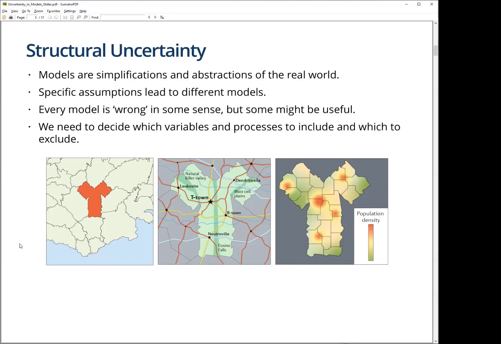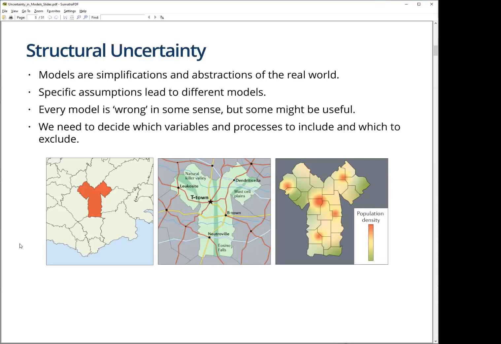If you want to know where this country is in relation to other countries, the map on the left would be best. If you want to know how to go from place A to place B in that country, you probably want the middle map. If you want to know where people live in that country, the one on the right is the best. So if we translate that, same model, same system, but depending on what your question is, you might prefer one over the other.